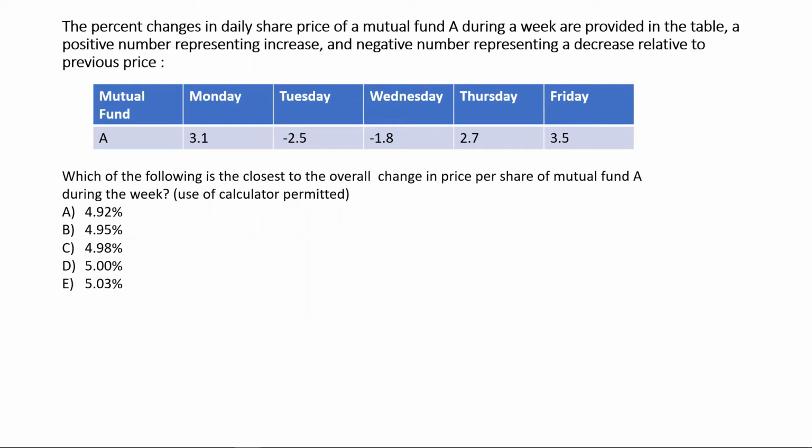So we are given this table that describes the percent changes in the price per share of a mutual fund during 5 days of the week. And what we are asked to calculate is the overall change in price per share during the week.